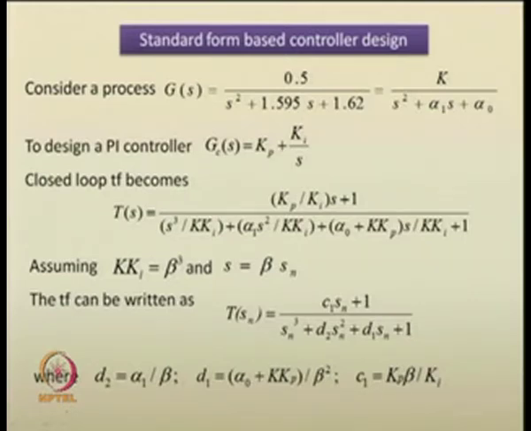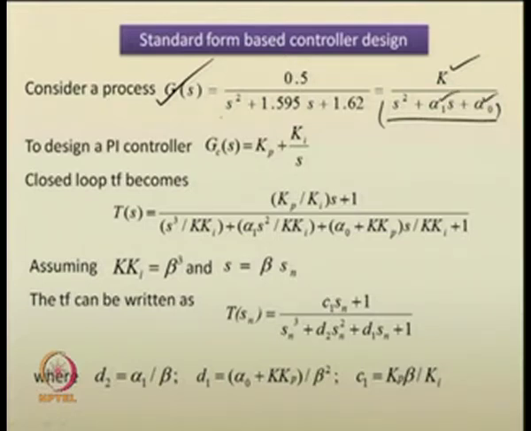A third order standard transfer function will be used to design a PI controller for an all pole SISO process. So, let us assume that the process dynamics has poles only, with a static gain of k and its denominator polynomial expressed as s square plus alpha 1 s plus alpha 0.